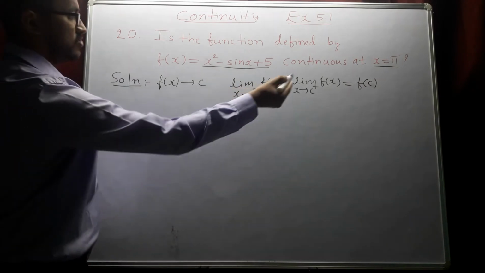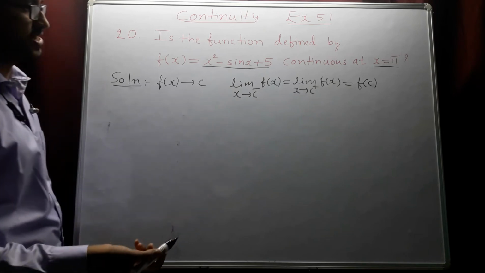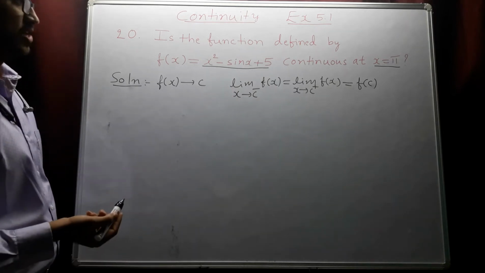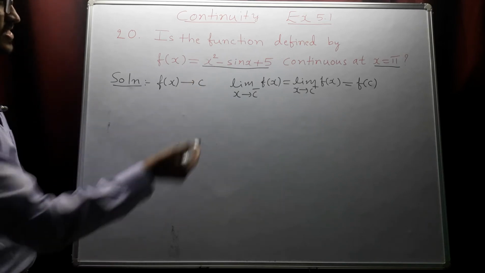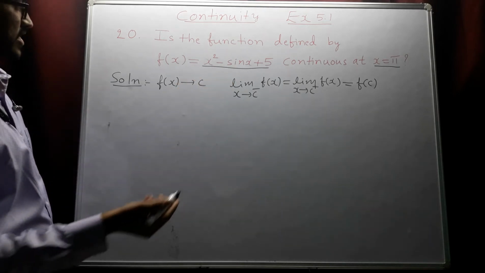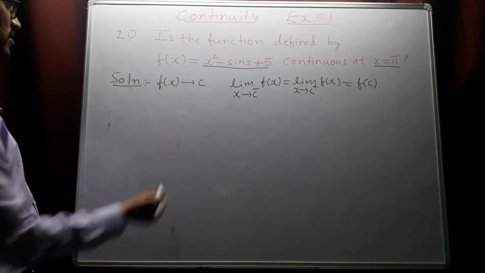If these values are equal, then we say that the function is continuous at the point c.